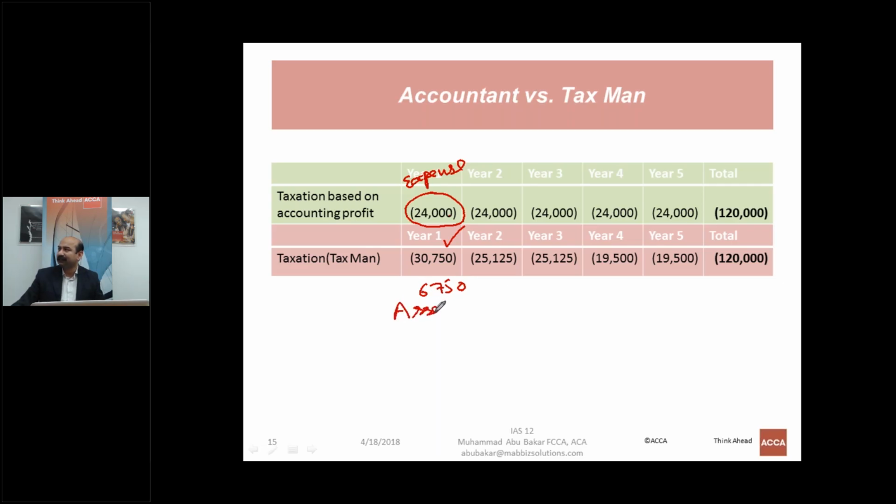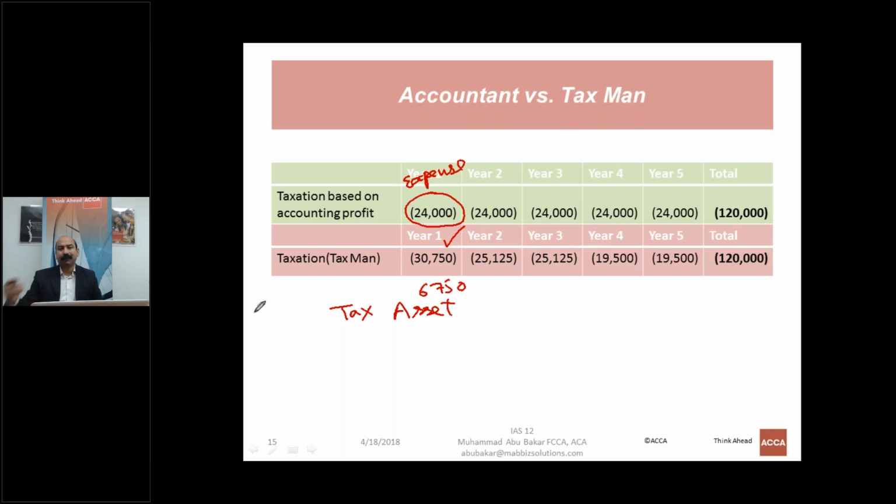This is your asset. Normally we should term it prepayment, just in order to differentiate from other assets, you add the word tax in order to specify that this is not any other asset. This is basically a tax asset related to the tax because we are paying more than we should. So this is just equivalent to the concept of prepayment.